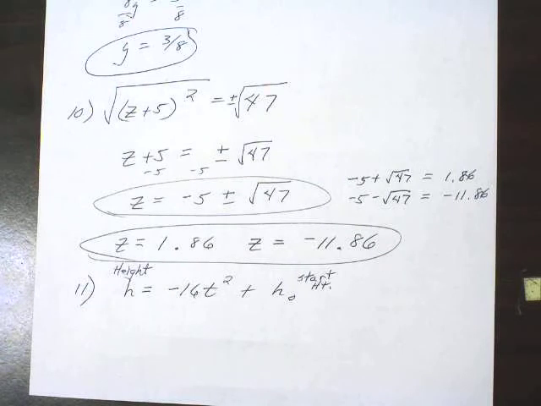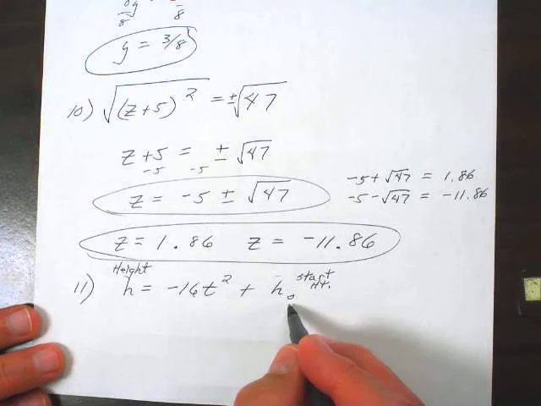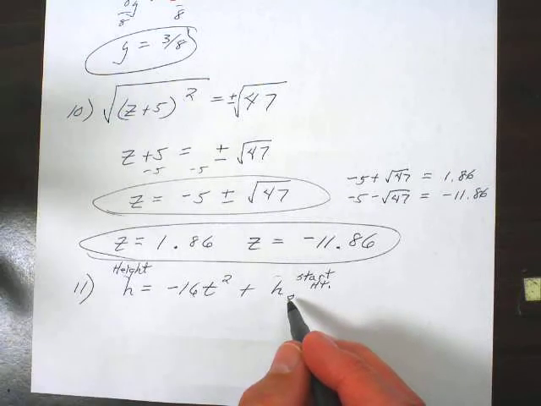So this problem says that while painting his bedroom, Nick drops his paintbrush off his ladder from a height of 6 feet. So if it starts out at 6 feet high, where are we going to put that? We're going to put it where this h sub 0 is, that little sub 0 means that's the starting height.